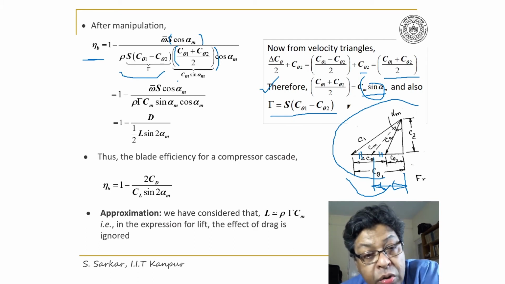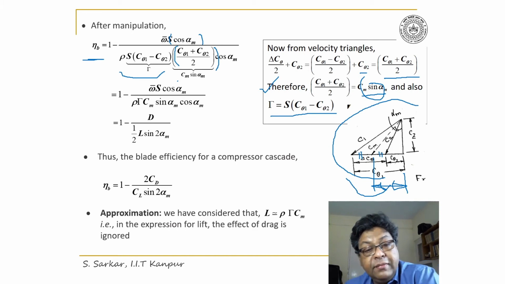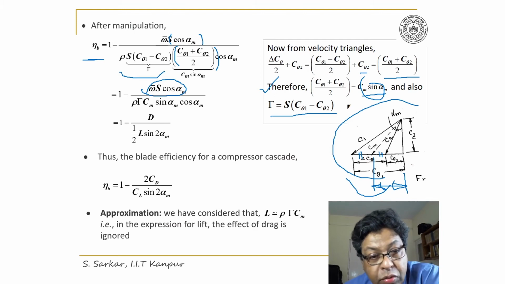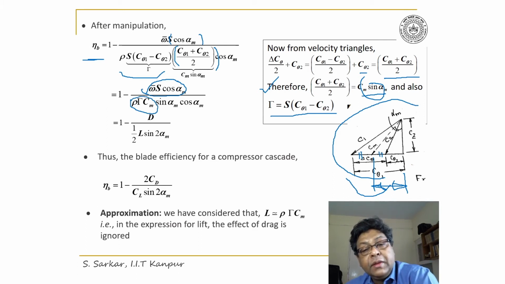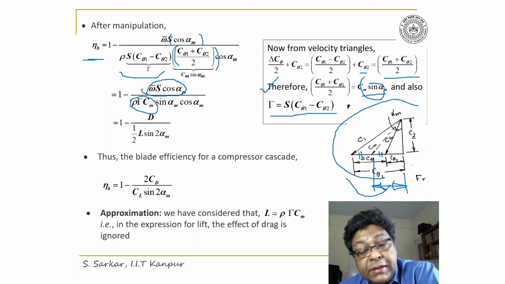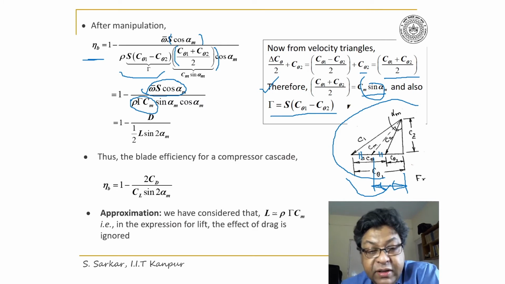Now look, omega s into cos alpha m is drag. So this is drag, right? Now rho gamma into Cm, this would be equal to lift if we neglect the effect of drag.